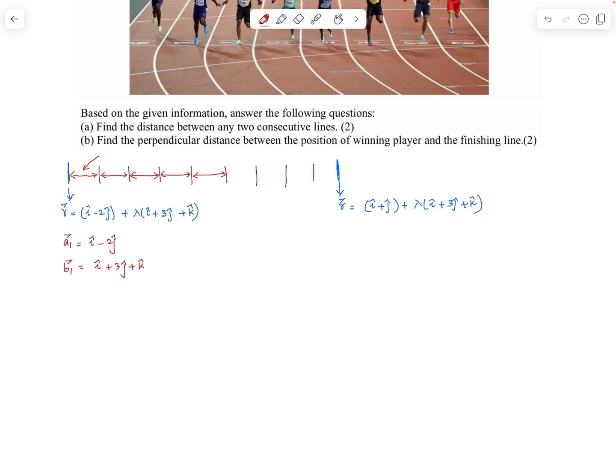From the second extreme line, we get A2 as i plus j and B2 as i plus 3j plus k. Now, because B1 and B2 are same, let's call it by the letter B itself.